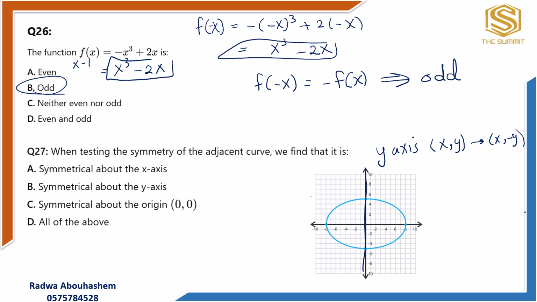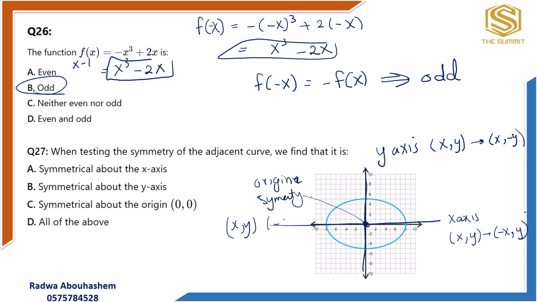Just for your information, if we have x-axis symmetry, this means that I'm going to change the direction of y, so the symmetrical point would be x and negative y. And if you have an origin symmetry, that means that x and y would change to be negative x and negative y.